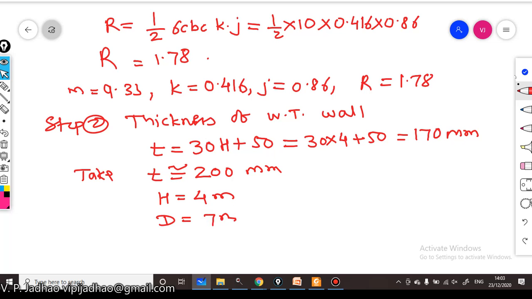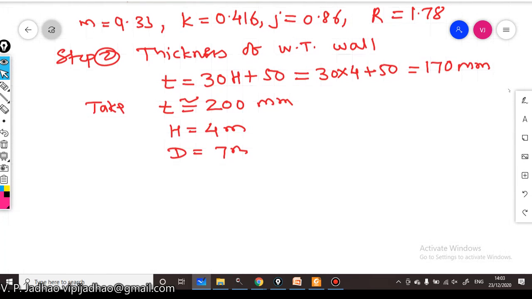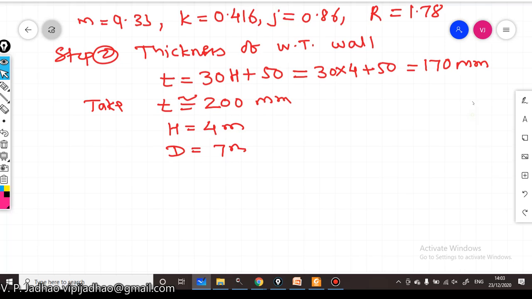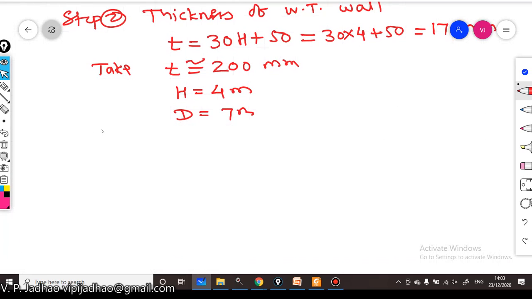Therefore, now we have to calculate the values of the different bending moment coefficients and hook tension. So step number 3, calculate bending moment.